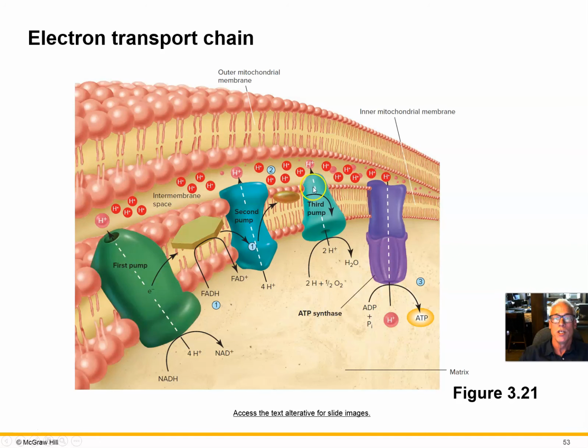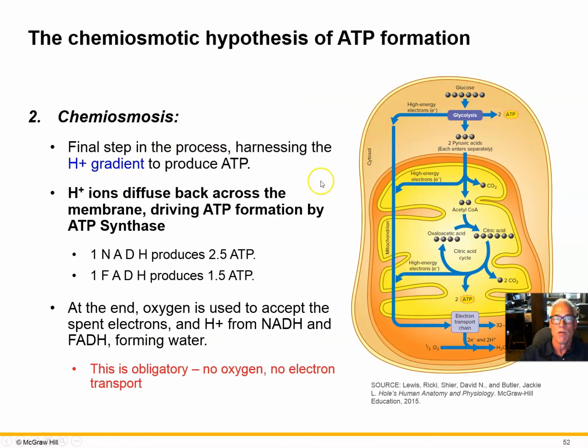All right, so we got this huge hydrogen ion gradient, and as the hydrogen ions push their way back through the membrane, diffuse back across the inner membrane to the inside of the mitochondria, they drive an enzyme called ATP synthase, and it just physically makes ATP by taking ADP and forcing that inorganic phosphate onto it for that third phosphate bond, that high energy bond.